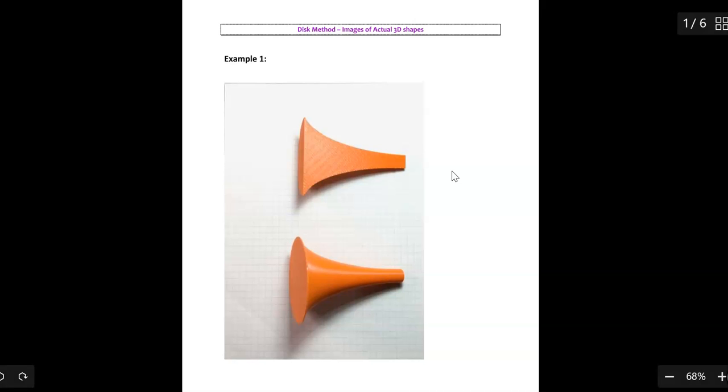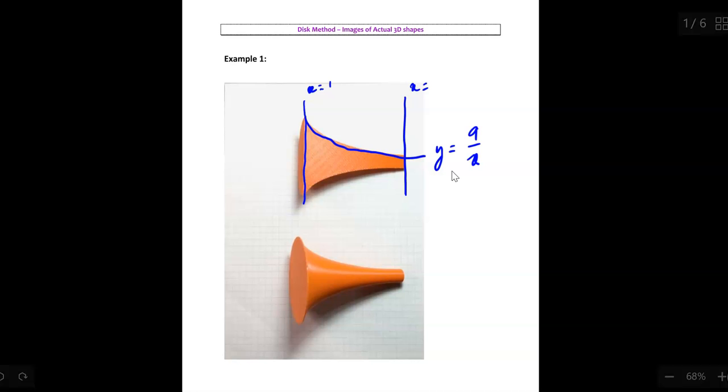Right here is x equal to 1. Right here is y equal to 9 over x. Right here is x equal to 8. And right in the middle is actually the x-axis, y equal to 0.